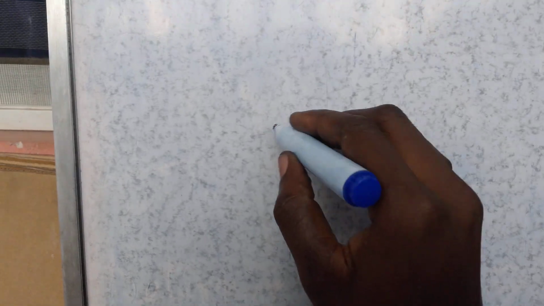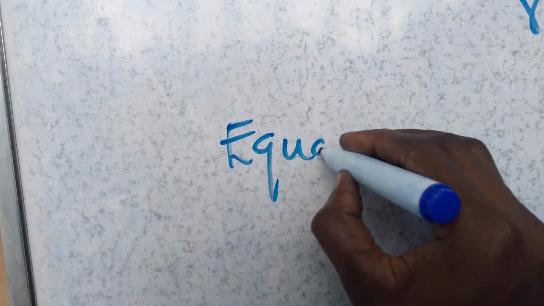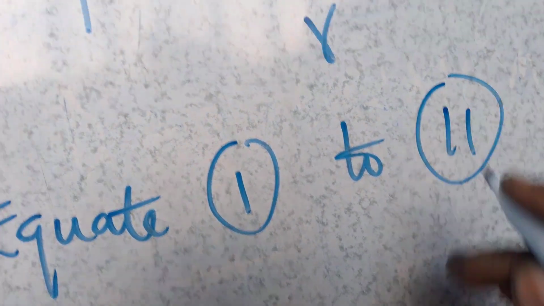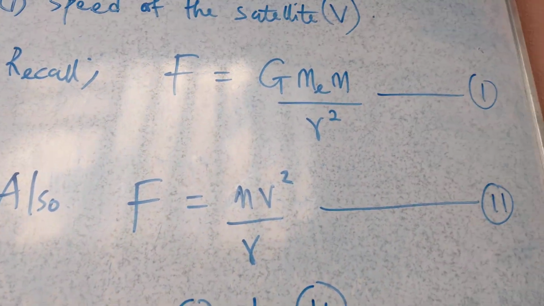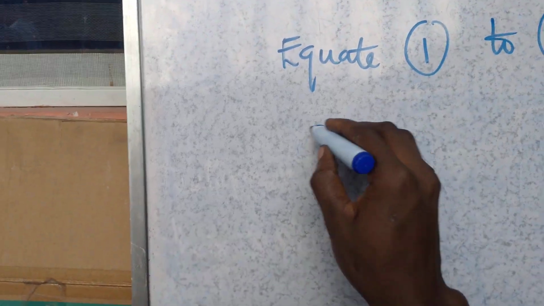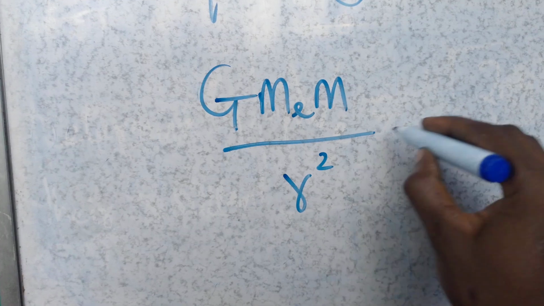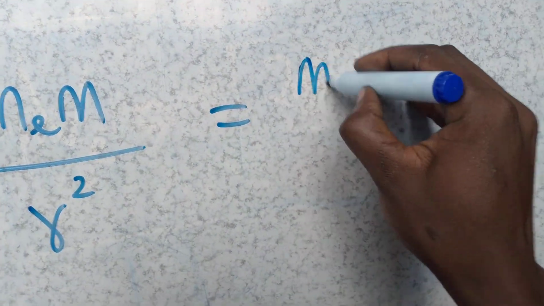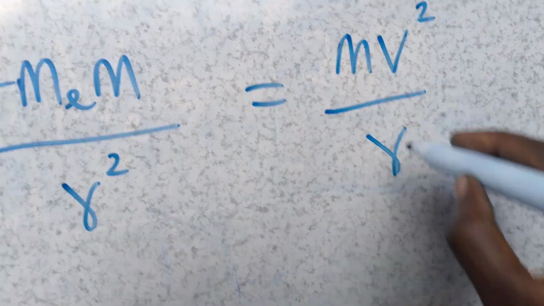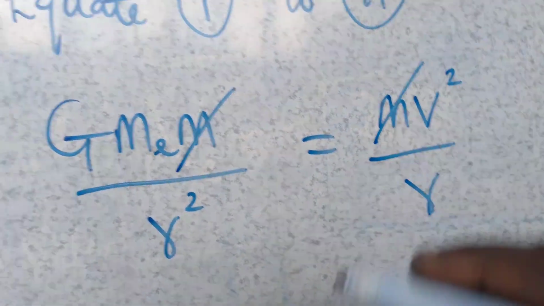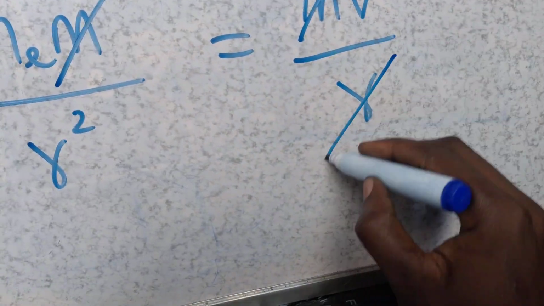Okay, so I equate equation 1 to equation 2. If I equate the both of them, I'll have G ME m over R squared equals m v squared over R. Alright, so we cancel out the mass, and of the radius we reduce one.